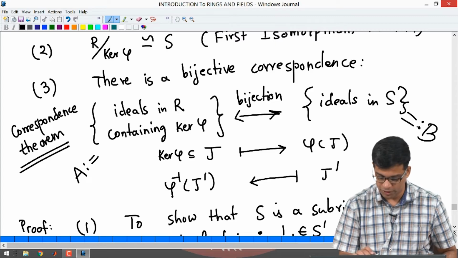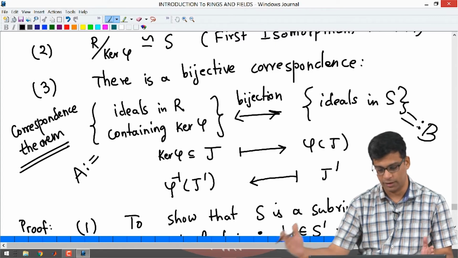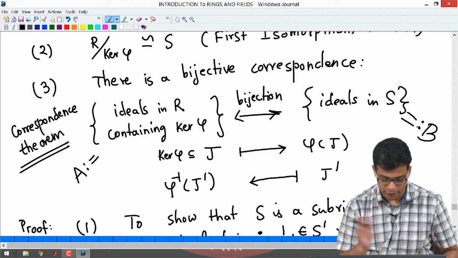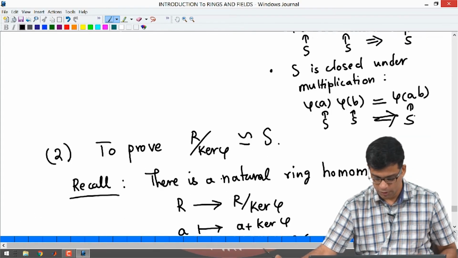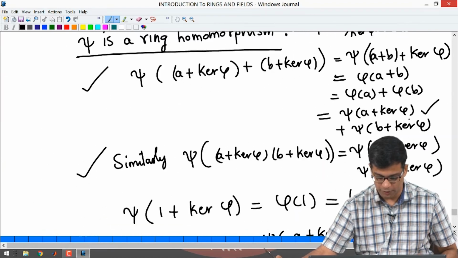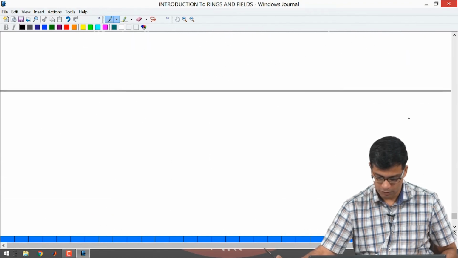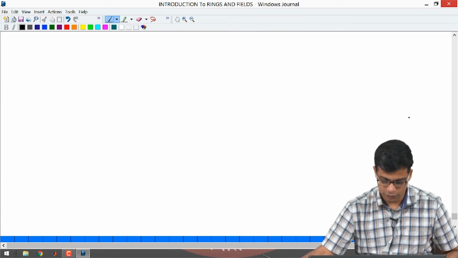From A to B, the function takes an ideal in R and simply maps it to its image. From B to A, the function takes an ideal in S, maps it to its inverse image, which we know is an ideal, but we have to show that it is in fact in A. Okay. So, the third part which I will prove now.